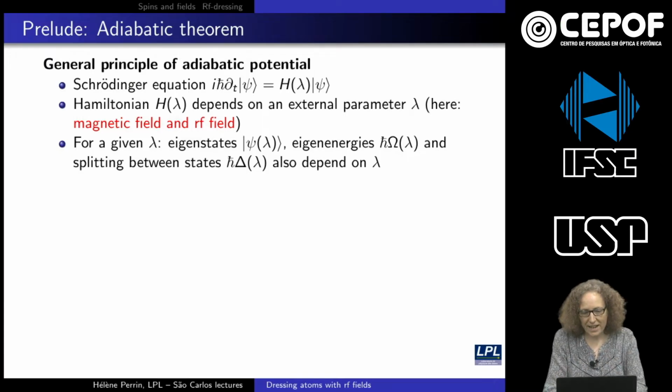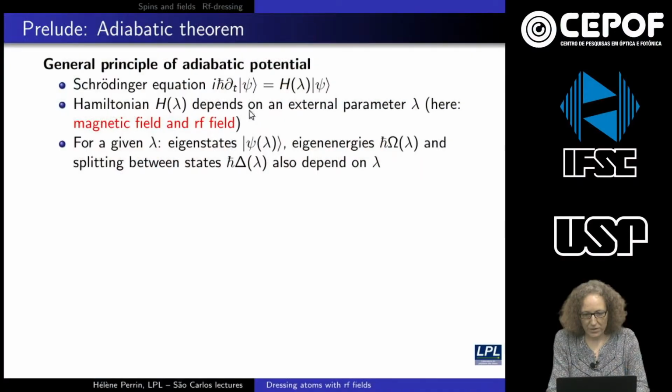So before I start with spins, let me set a little bit the frame of these adiabatic potentials, which rely on the adiabatic theorem, which states that even if some parameter is changing, an atomic state can follow an eigenstate everywhere. So the idea is the following. You write the Schrödinger equation for the state psi with a Hamiltonian that depends on an external parameter lambda.